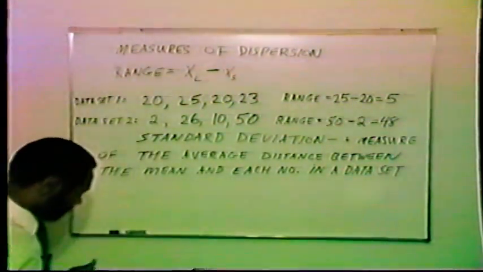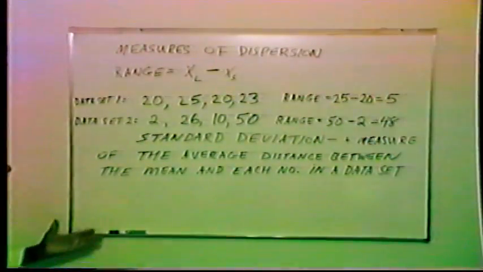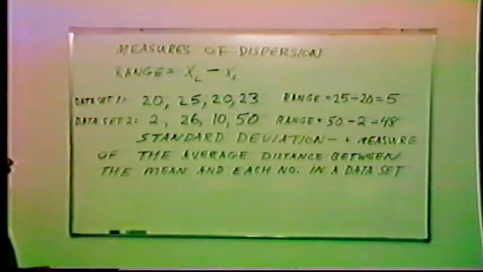Once again, the standard deviation, generally speaking, may be thought of as a measure of the average distance between the mean and each number in a data set.